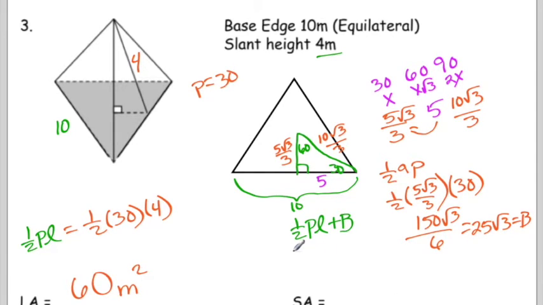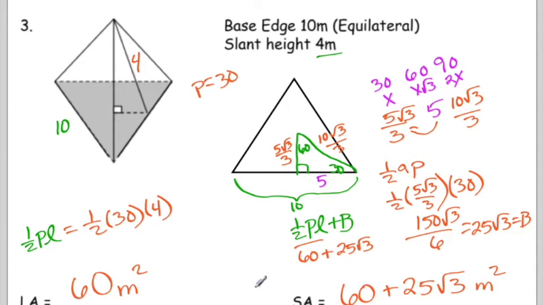And then over here we have 1/2 PL, which we just figured out, so no having to figure that out again. Plus B, which is 25 root 3. You think if you could combine them, and you cannot, so you just write them, and that's the exact form of your answer, and that's meters squared still. So we have our answers in exact form.